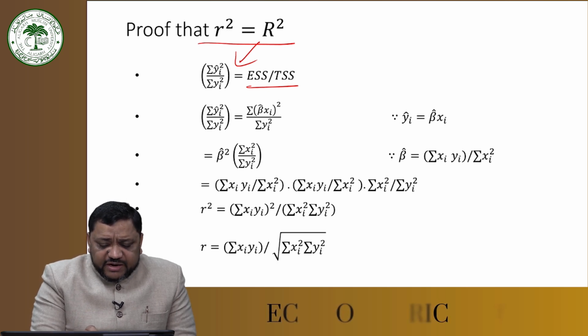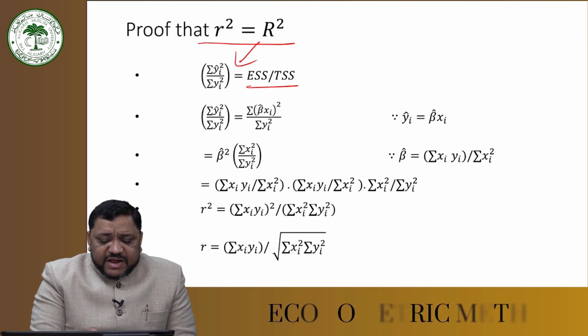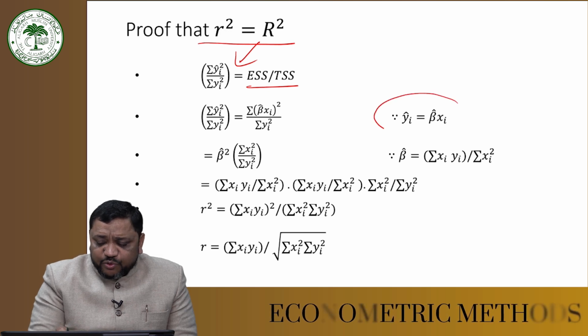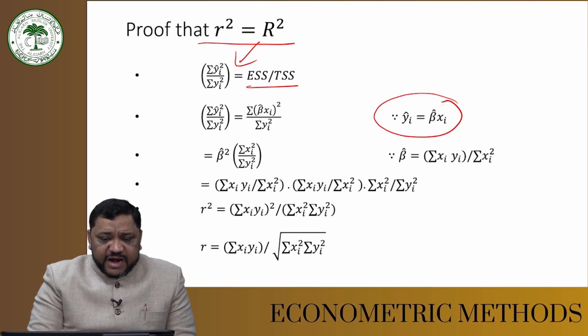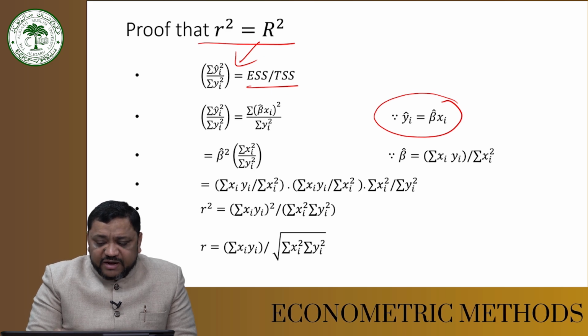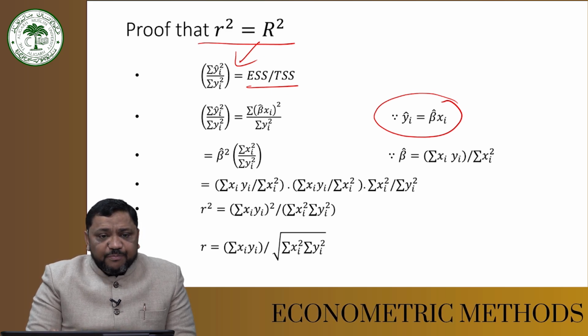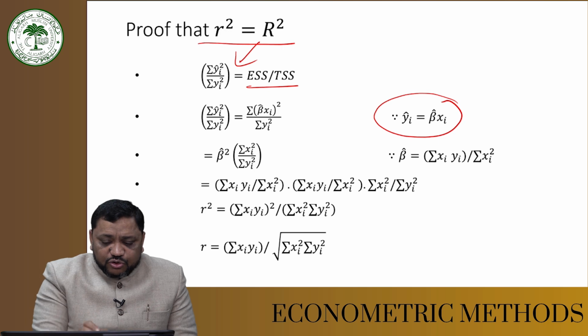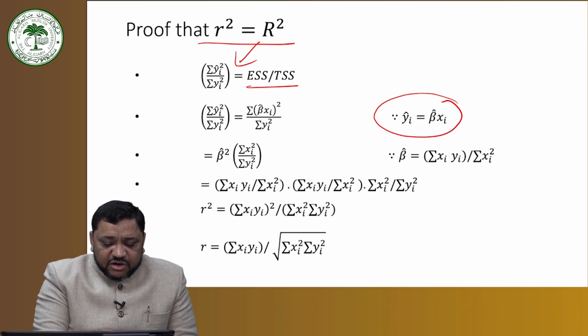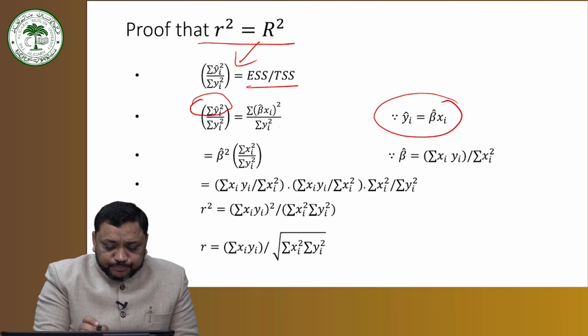This we can write using beta hat xi, because we have earlier proved that small y hat is equal to beta hat x. So in place of y hat square, we write beta hat x square, and summation yi square we write as it is.